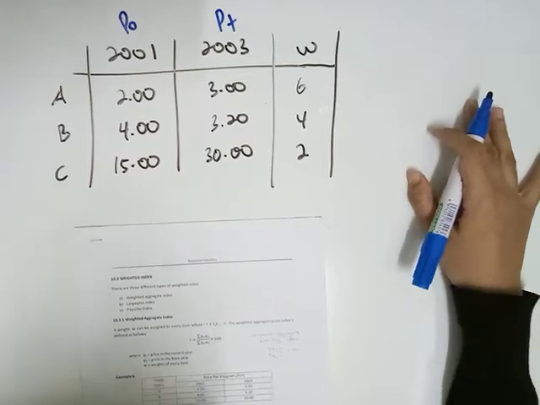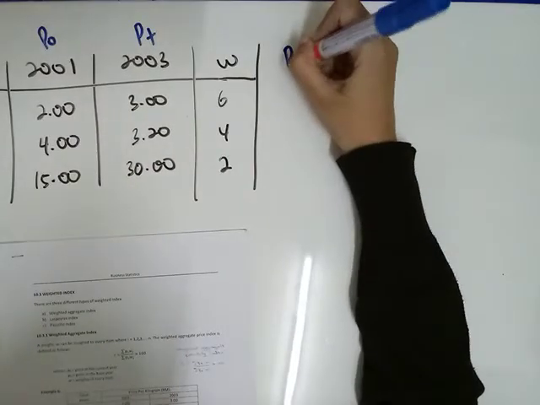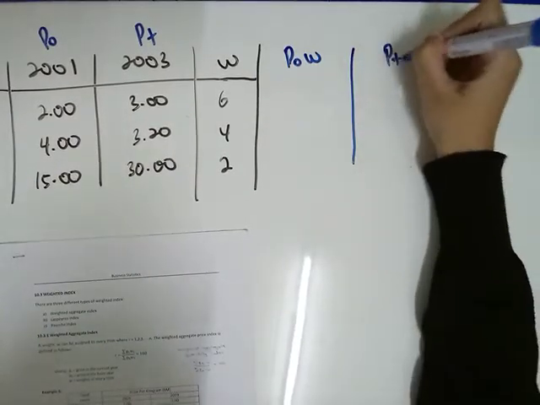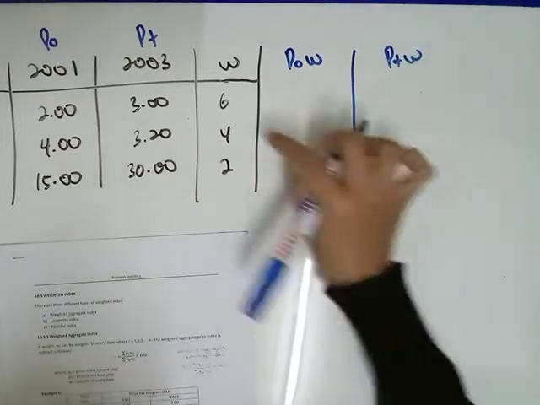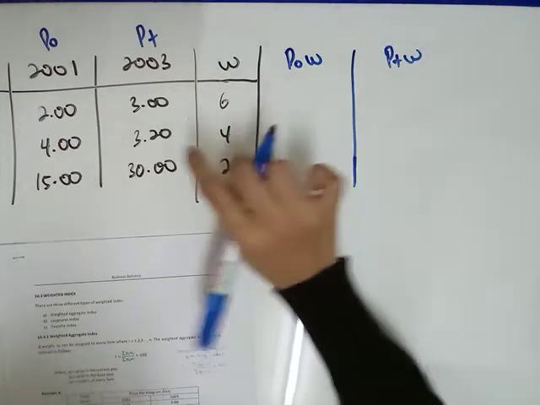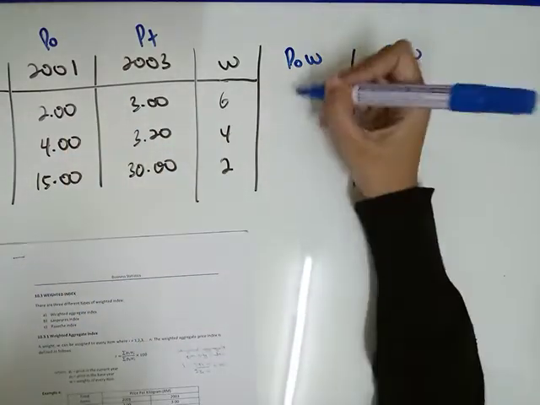Okay, so what you need to do is you need to multiply with the weight. Okay, P naught times with weight, PT times with weight. Okay, weight ni dia dah bagi 642. Okay, so P naught times with weight, 2 times 6, you will get 12.